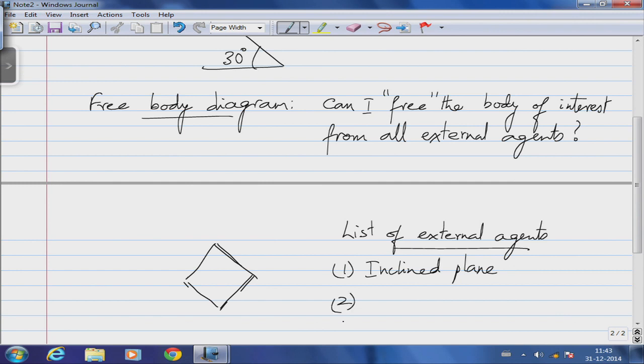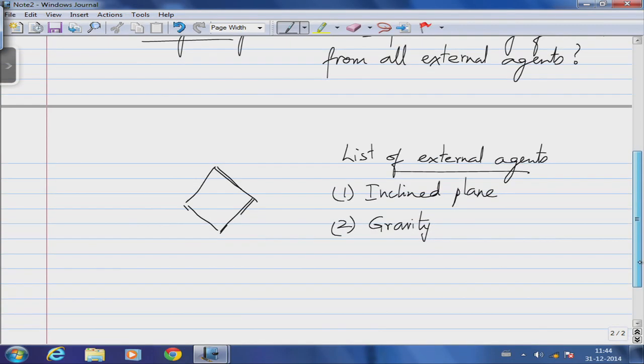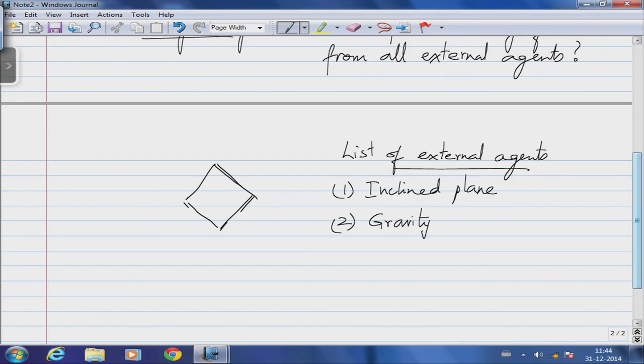The second external agent that is going to influence this body is gravity or acceleration that is caused by Earth's attraction of this body. So, now I want to replace the act of these two external agents with forces.